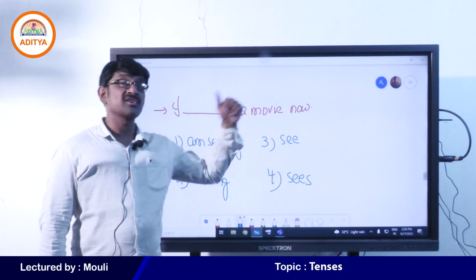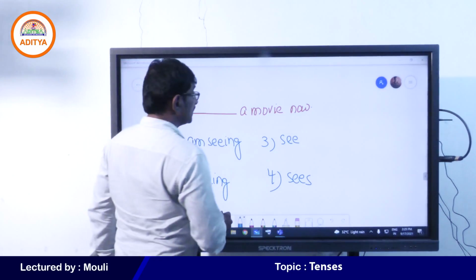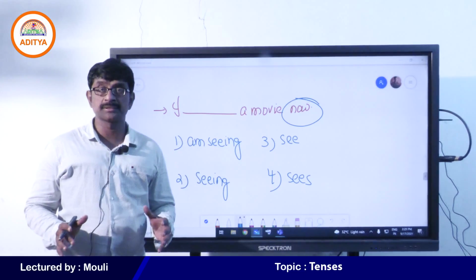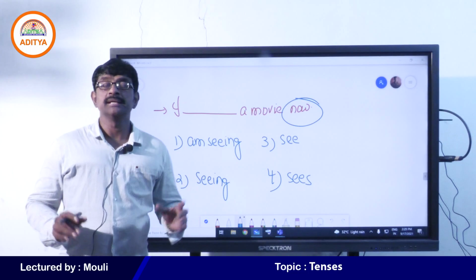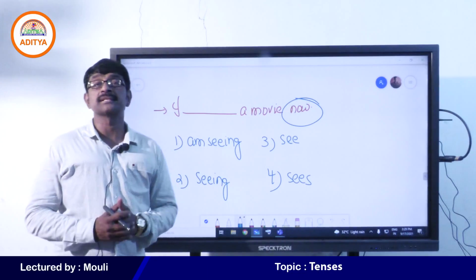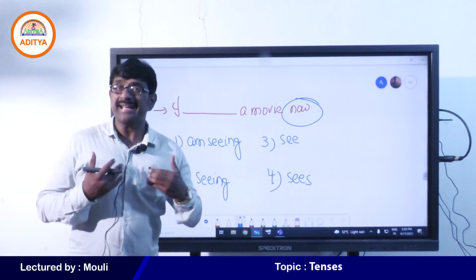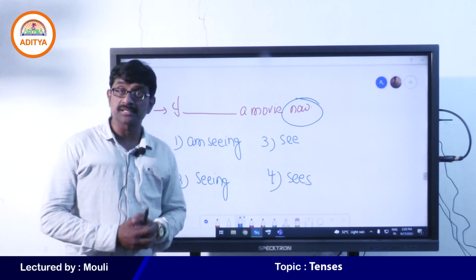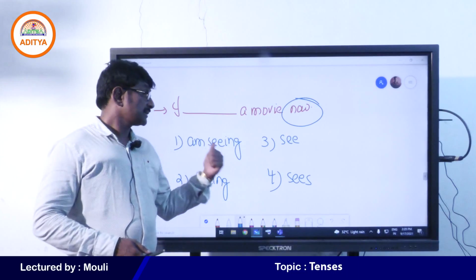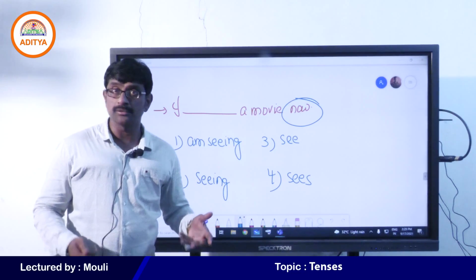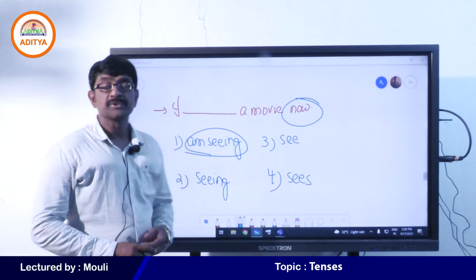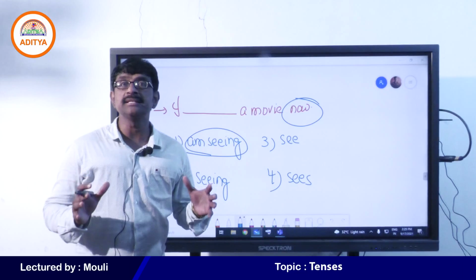So first of all, our focus will go on now. Now refers to present progressive tense. If now alone comes, it definitely refers to present progressive tense. So now let us select the best answer among these four. Can we choose am seeing as the answer here? Because this is present continuous. No, it's not possible because we cannot use seeing directly.